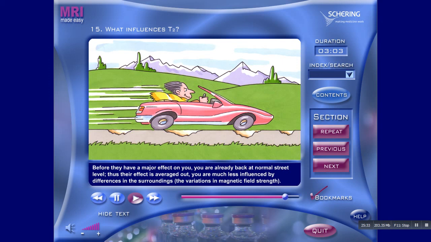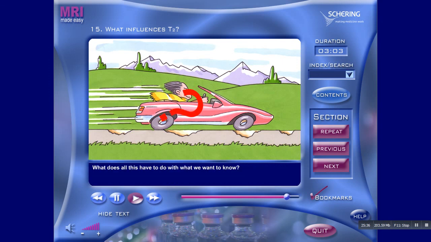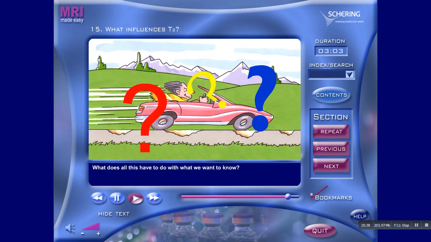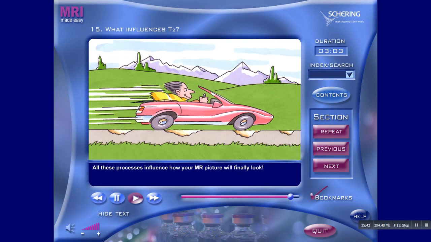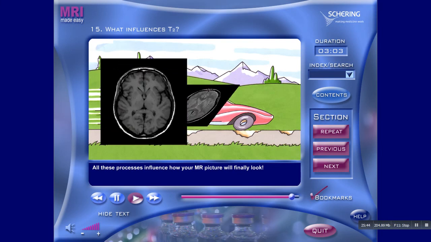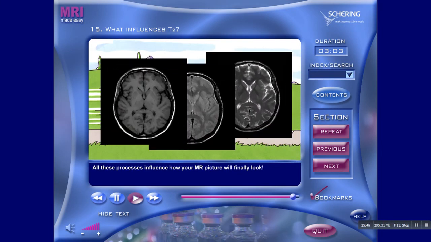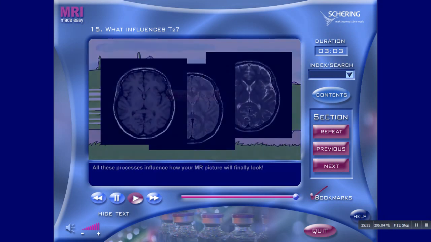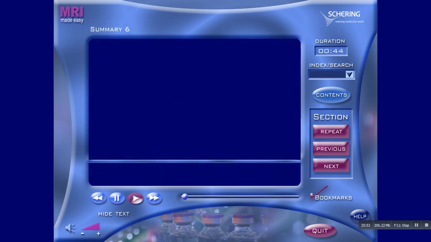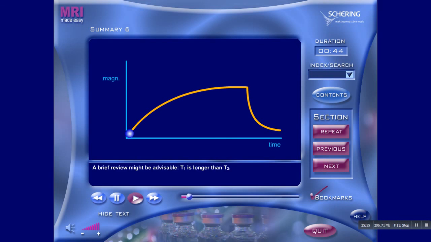What does all this have to do with what we want to know? All these processes influence how your MR picture will finally look. A brief review might be advisable. T1 is longer than T2.